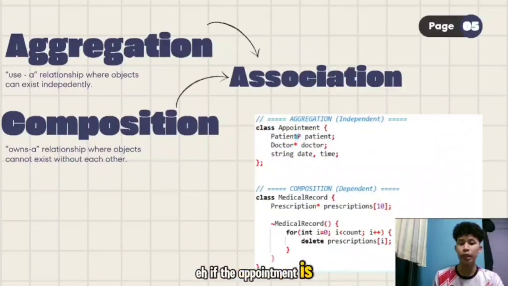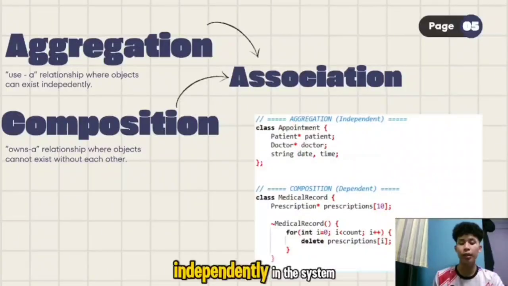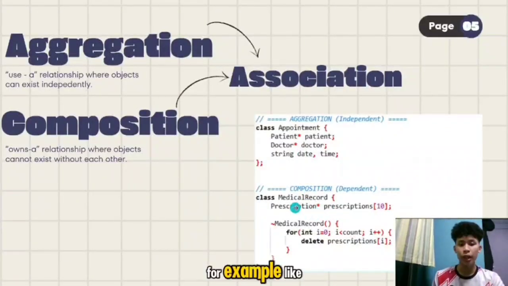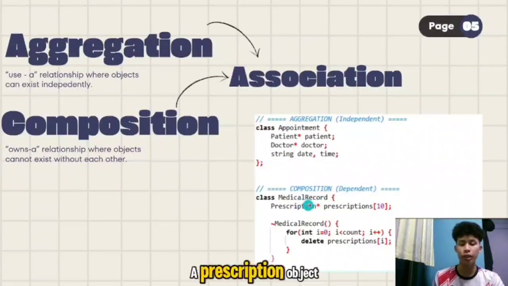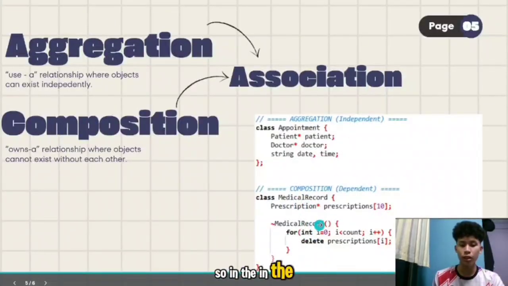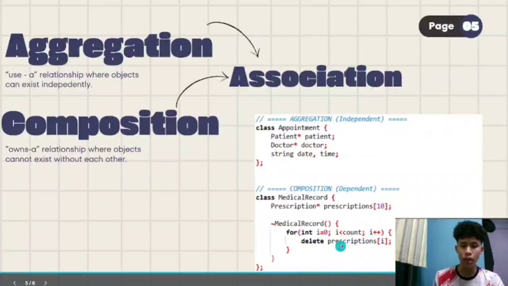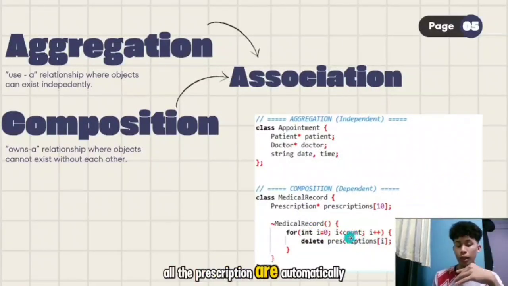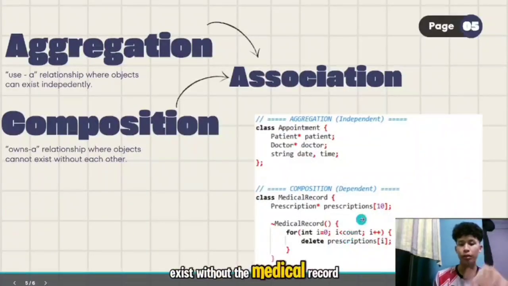If the appointment is cancelled and deleted, the patient and the doctor objects still exist independently in the system. Besides that, for the composition, for example, the medical record class and the prescription object. In the destructor of the medical record, we delete all the associated prescriptions. So if the medical record is deleted, all the prescriptions are automatically deleted. It means that they cannot exist without the medical record.